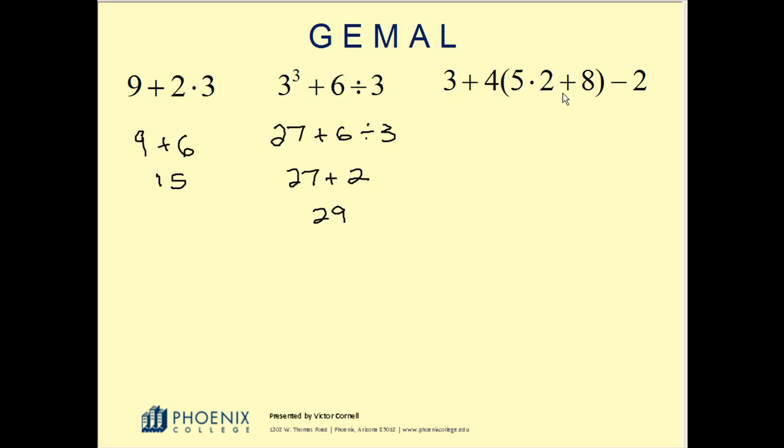Here we have a grouping symbol, so do the work inside the grouping symbol first. Inside you have multiplication and division. Multiplication comes first, so you do 3 plus 4. That'd be 10 plus 8. And then you would do the addition and get 18.